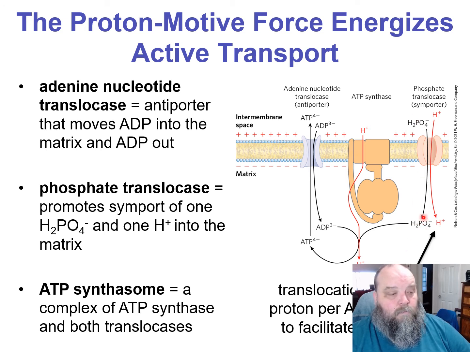So here's your inorganic phosphate, here's our ADP, and here's our synthase that's going to join the two up. They call this a synthasome. ATP synthase may be making the ATP, but without this antiporter and this symporter, there's nothing for it to work on. So they always have to be working together, hence a synthasome, just like we had the replisome.